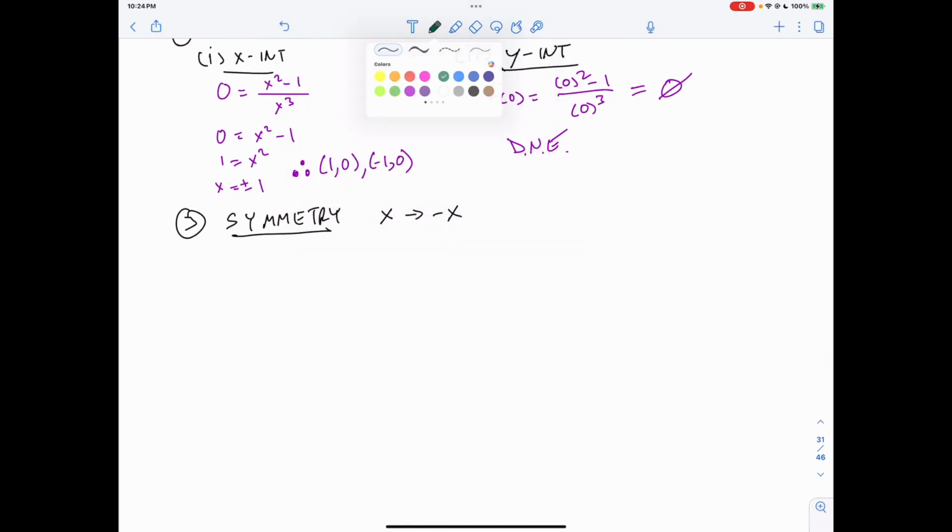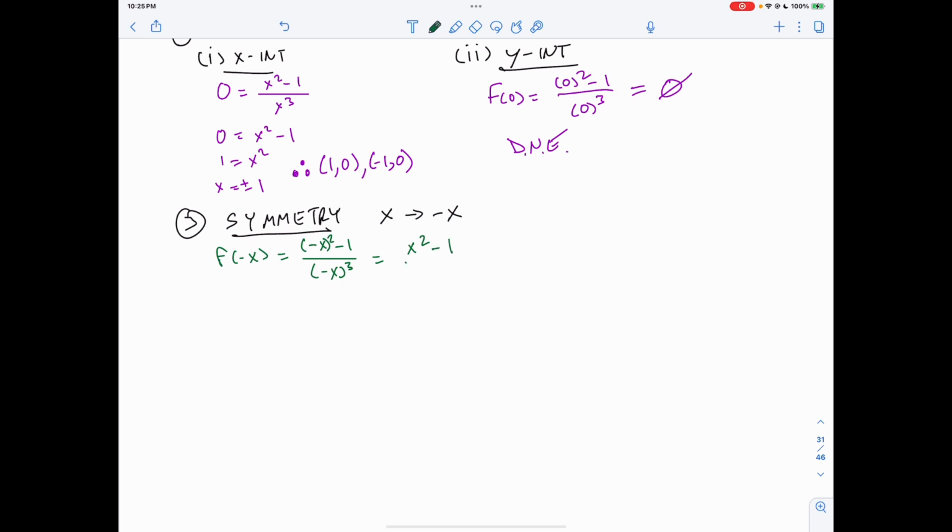So if f of negative x is equal to negative x squared minus 1, all divided by negative x cubed, that's going to give me positive x squared minus 1 all over negative x cubed.